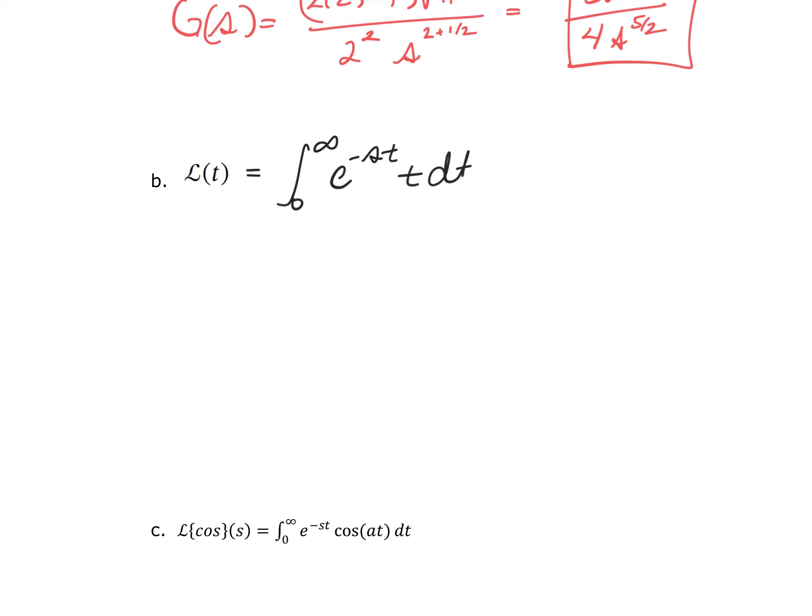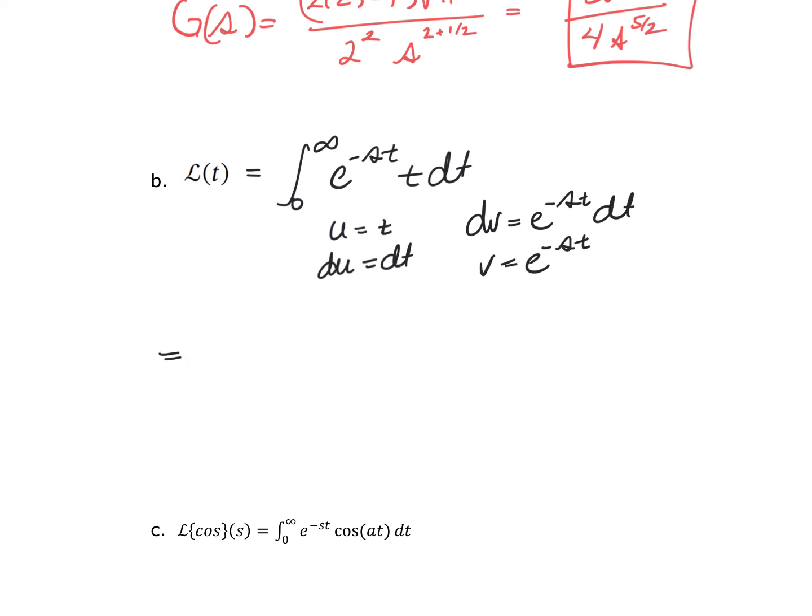We know from integration by parts from up above, let's start with our u's and v's. A good choice for u would be t, which means du is equal to dt. And dv is equal to e raised to the negative st dt, which means v is equal to e raised to the negative st divided by negative s.